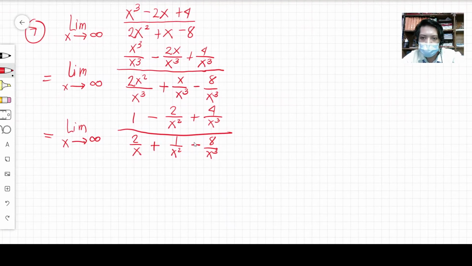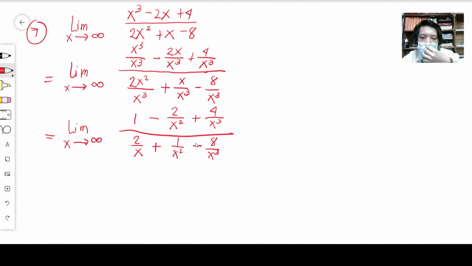So we substitute the value of x, infinity. This will be equal to 1 minus 2 over infinity squared, and when x is infinity, this is infinity squared: a very large number multiplied by another large number gives another large number.